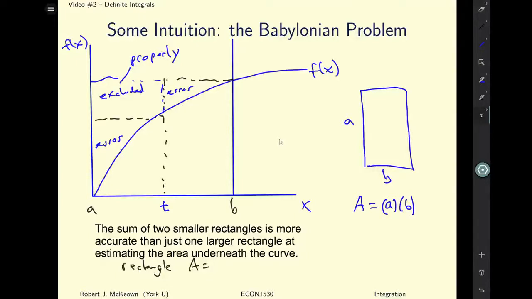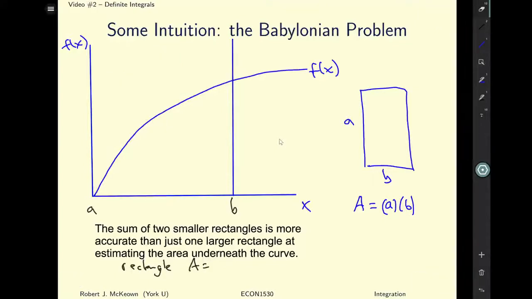So imagine if instead of just using 2 rectangles, we tried to do this with a bunch of little rectangles. We could have a little rectangle there, another one there, another one there, and so on. And we're getting a more accurate estimate of the area under the curve. That's the intuition of integration.